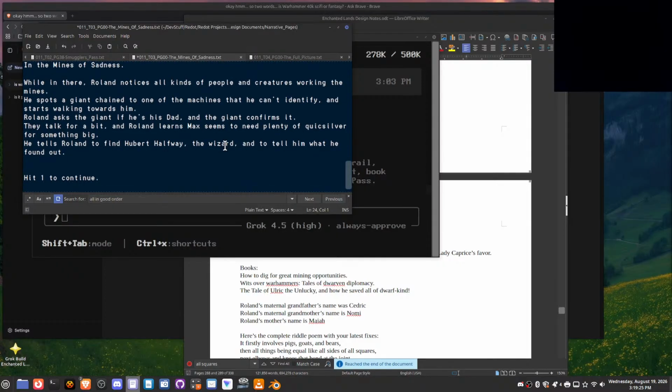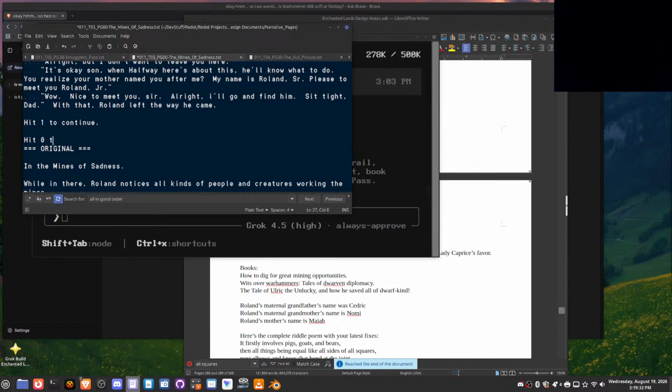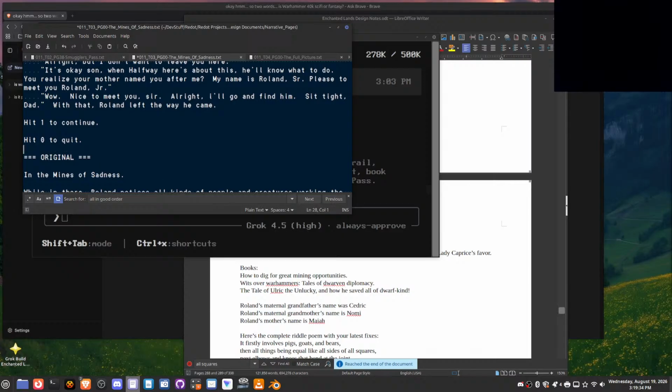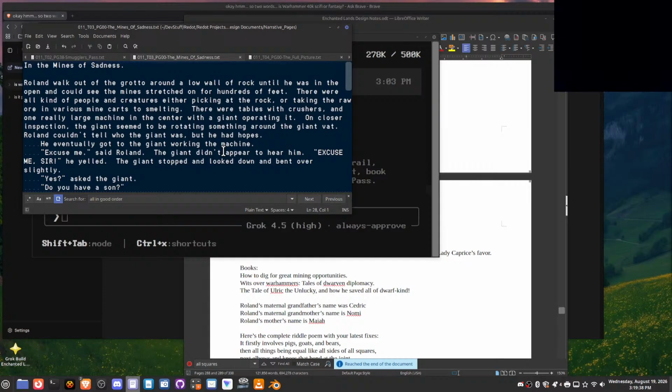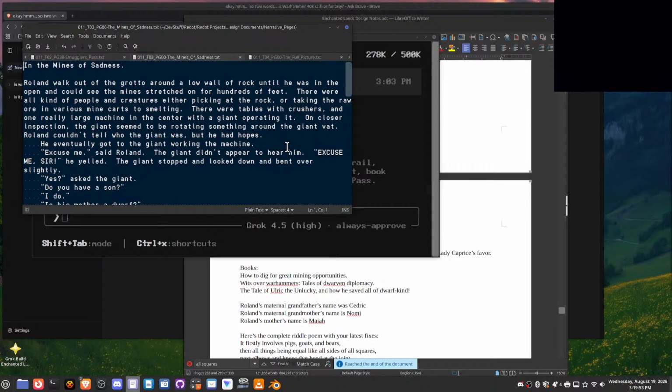Hit 1 to continue. Hit 0 to quit. Now, I'm hoping that it's not too long. It does that stupid sliding thing.